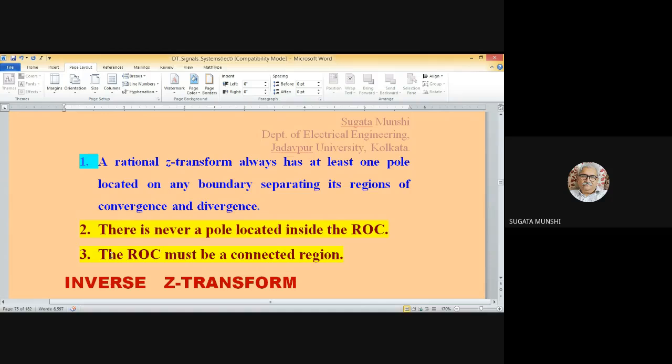And third one is the ROC cannot consist of two or more disjointed regions. It must be a connected region, a continuous region. All right. So you may be asked to write down the properties of the region of convergence. So you must recall not only this, you must also write that magnitude of X(z) should be finite, etc., all these things.